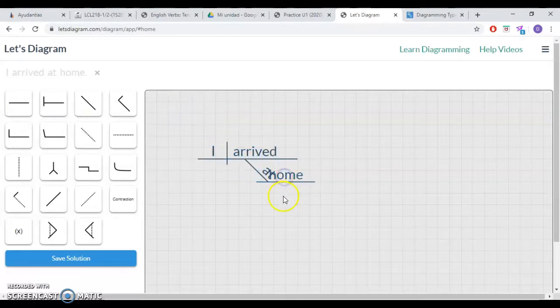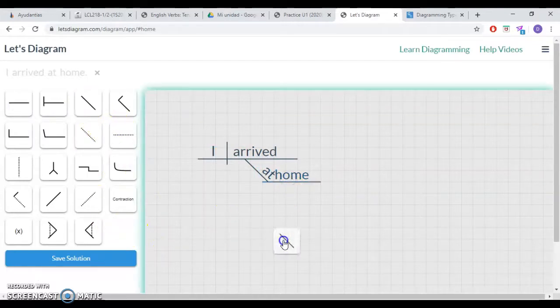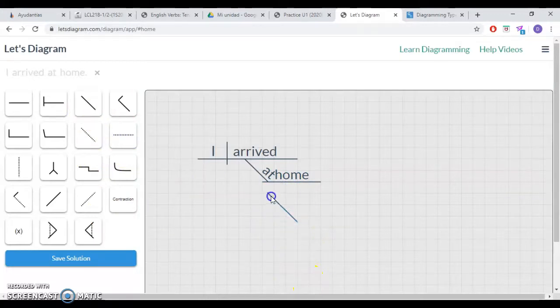with at. Now, if only I had more of these. This is going to look exaggerated, but for prepositional phrases, you need these two lines to cross, not to be like this, because this means another function that we're going to see in the next verbs.